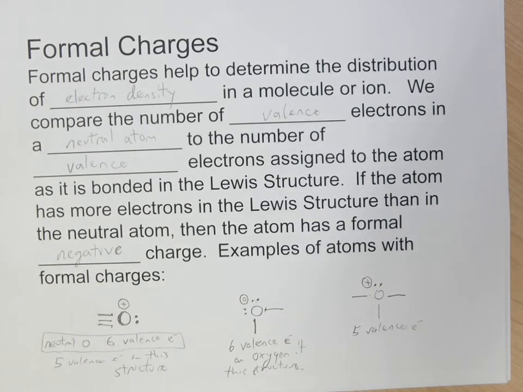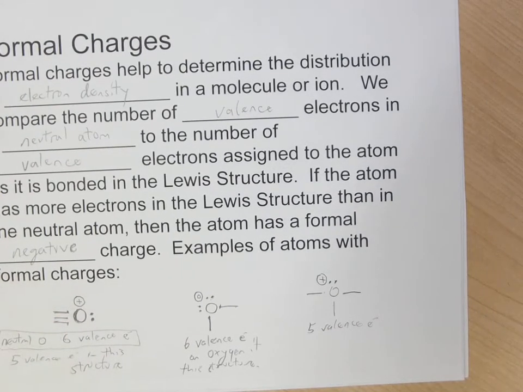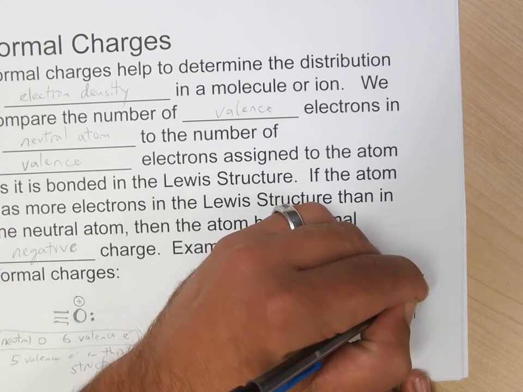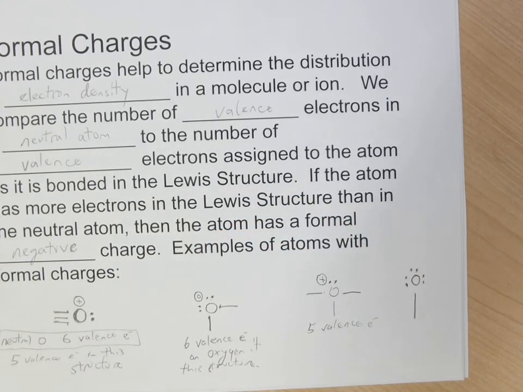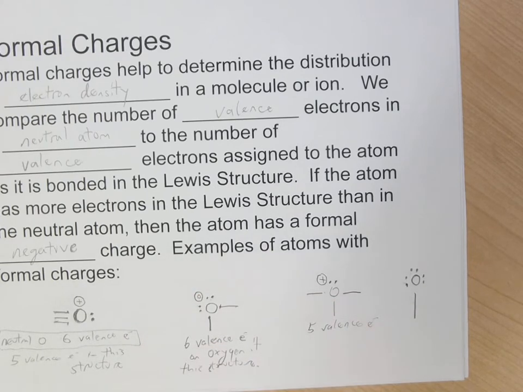So you might be wondering now, how does an oxygen get a negative formal charge? And that's actually very common in inorganic and organic molecules, because oxygen is pretty good at pulling electrons to itself. It's very likely to have 3 lone pairs and 1 bond to complete its octet rule.